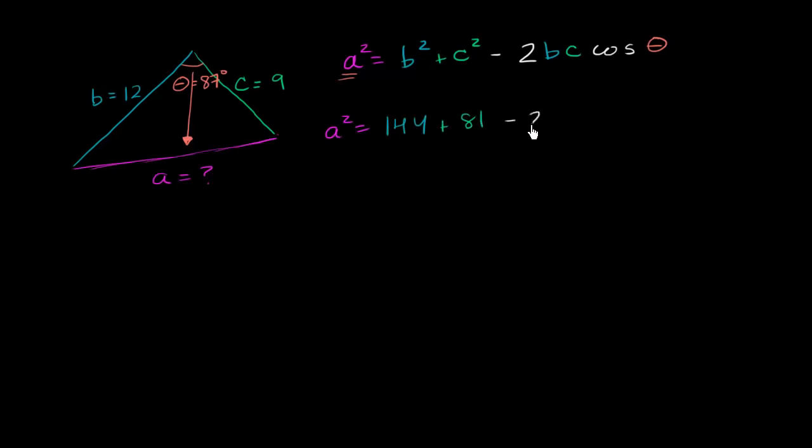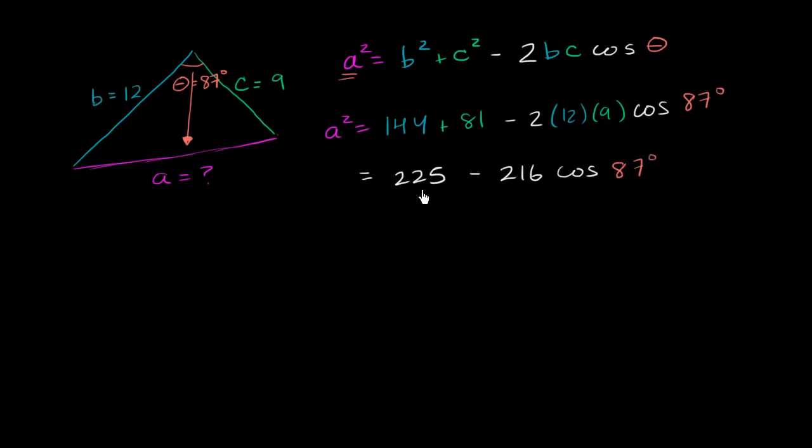So that's minus 2 times 12 times 9 times the cosine of 87 degrees. And this is going to be equal to, let's see, this is 225 minus, 12 times 9 is 108, 108 times 2 is 216, minus 216 times the cosine of 87 degrees.